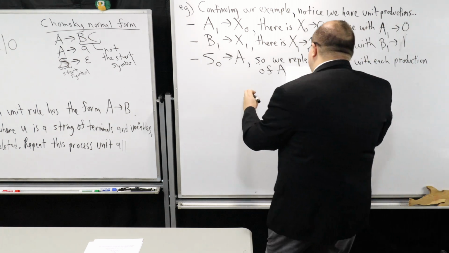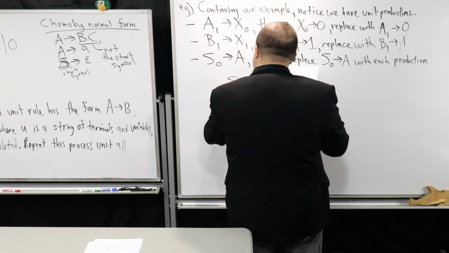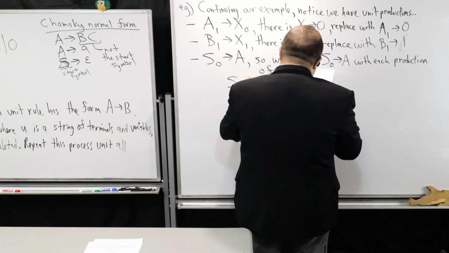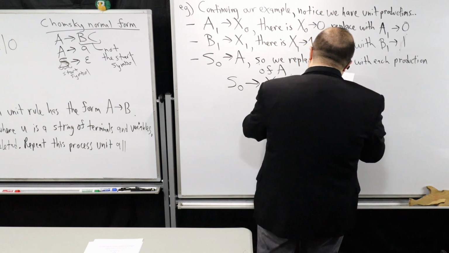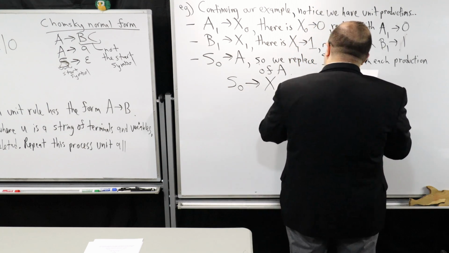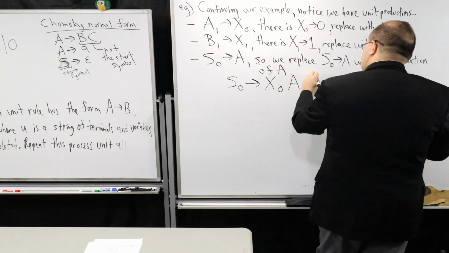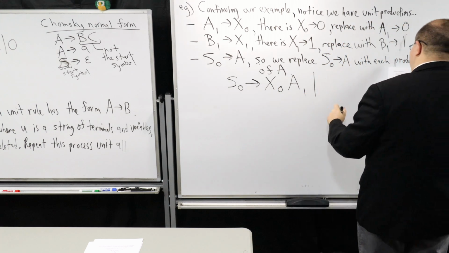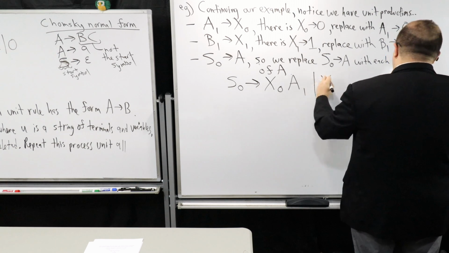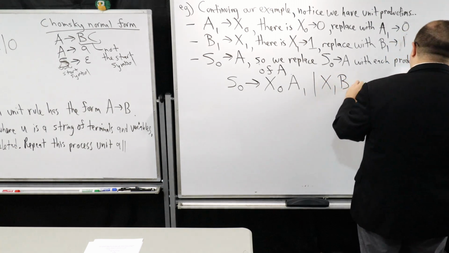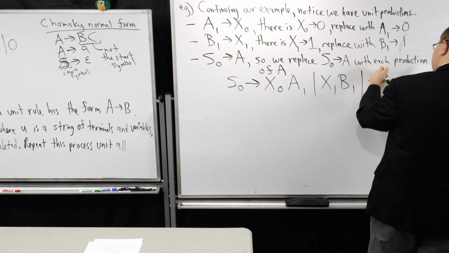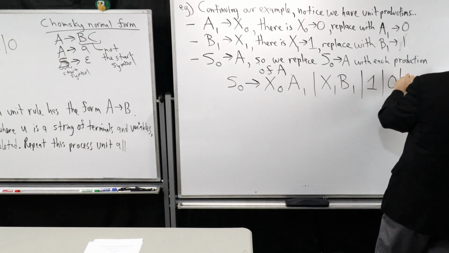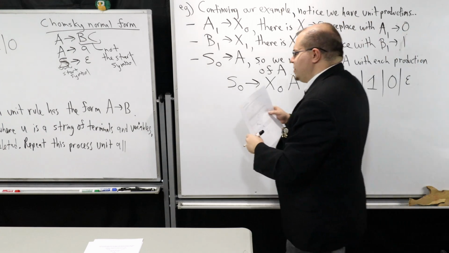So you're going to end up with S0, so X0 A1. So I'm just putting this where A was before. X1 B1, 1, 0, and then recall I had this epsilon kicking up over there as well.